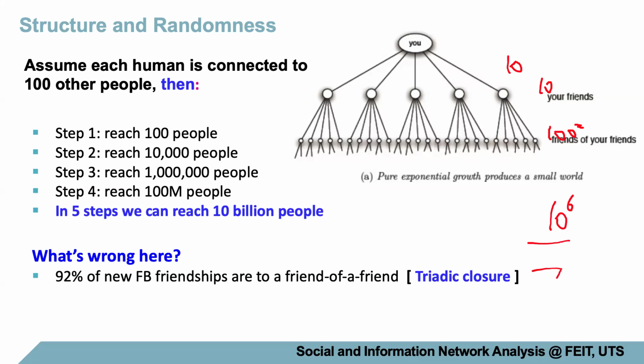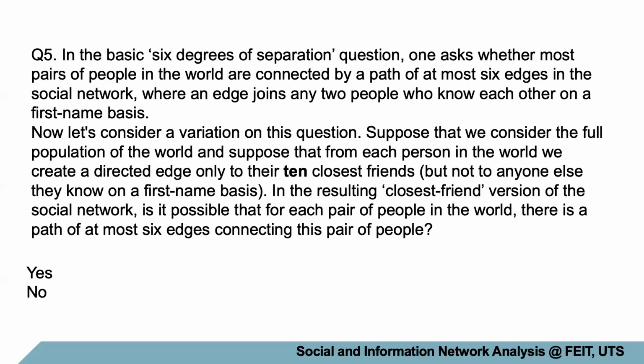We have 7.8 billion people in the world, and this is far less than that number. Also, because of triadic closure, the actual number of people we can reach is even smaller than this number. So the answer is no. It is not possible that any 2 people will be connected by at most 6 edges.